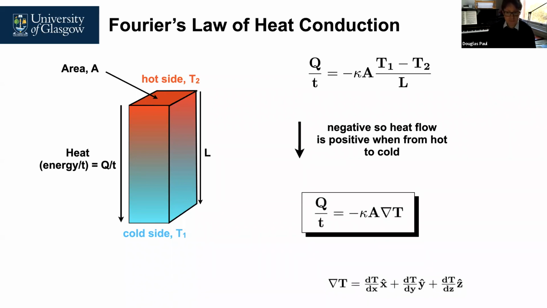More generally, Fourier's law is typically written with nabla T in here. And this just allows you to expand to 3 dimensions and all directions. So if we use Cartesian coordinates, nabla T is just dT by dx along the x direction, dT by dy along the y direction, dT by dz along the z direction.